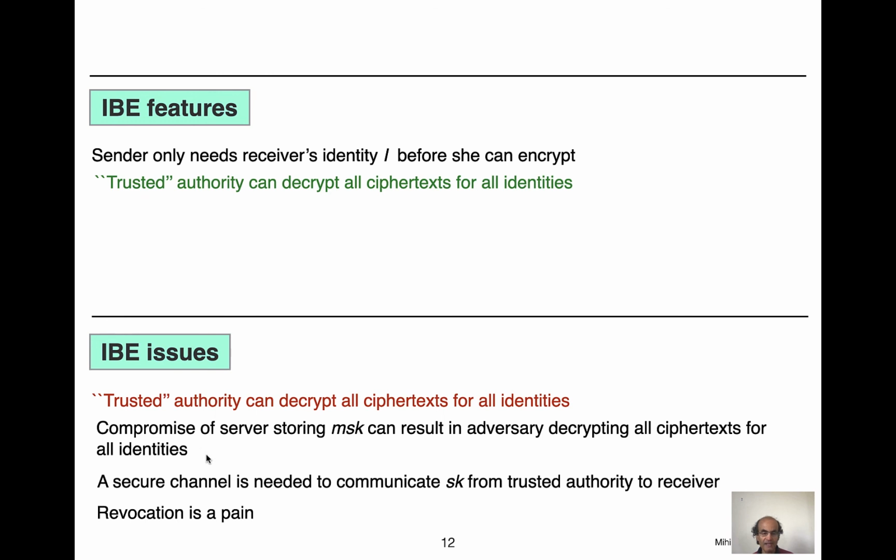Another challenge with IBE is how do you actually send the secret key from the trusted authority to the receiver? If that's not done over a secure channel, the adversary simply comes into possession of it. So there seems to be an implicit assumption of a secure channel from the trusted authority to the receiver. And it's not always clear how to realize that.